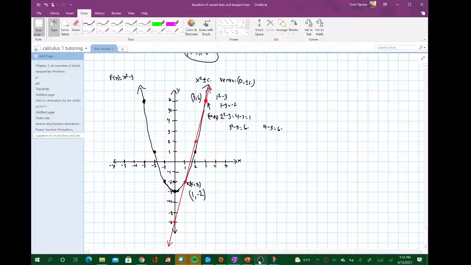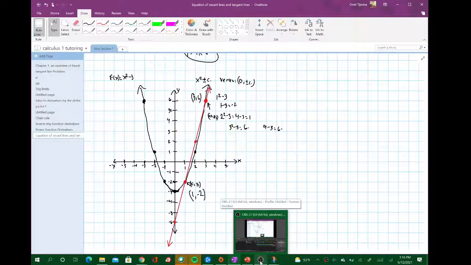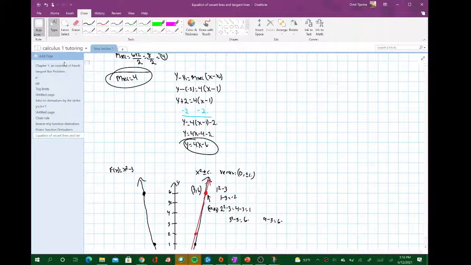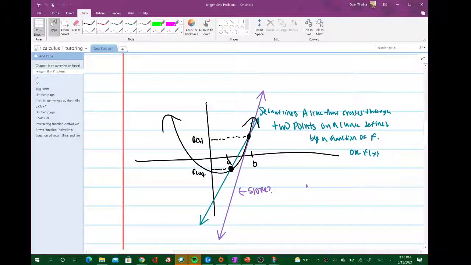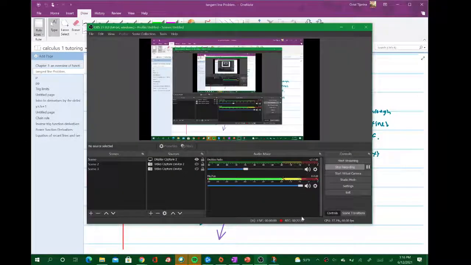But this is what a secant line is, and we went over it at the very beginning when we did this part. So like I said, if anybody has any questions, let me know.